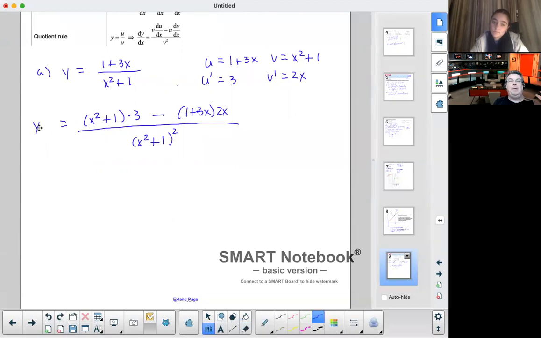Like they might say, find the slope to this curve at x equals 1, right? Well, if that's all they tell you, you're going to need the quotient rule. Then you're plugging in 1. So you could stop here and plug in 1. You don't have to simplify it, and you get full marks as long as this is correct.